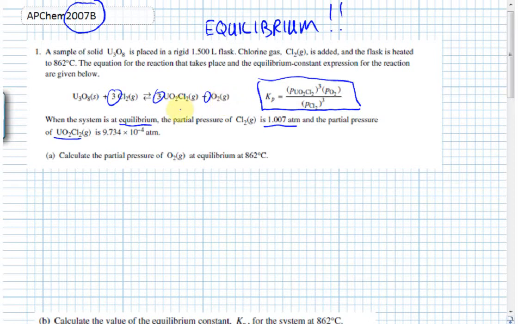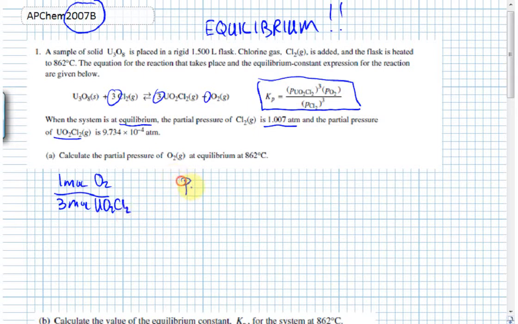So therefore, the pressure of the O2 is going to be 1/3 the pressure of the UO2Cl2. So that relationship will tell us that the pressure of the oxygen will always be 1/3.